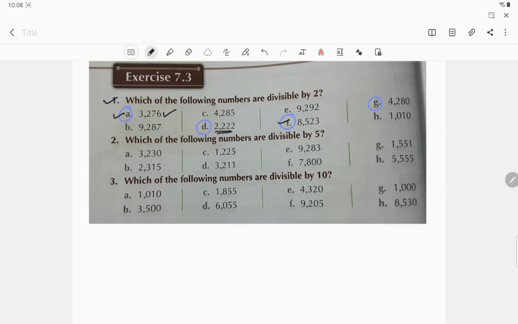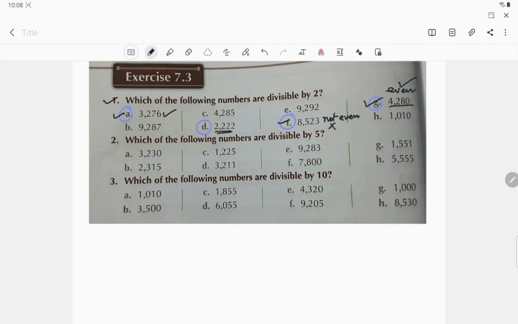F number, since the number contains 3 in the ones place, it is not an even number, that means it is not divisible by 2. Similarly, this is an even number, so it is divisible by 2.